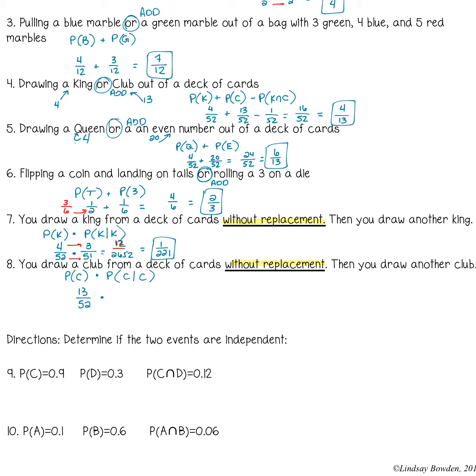So 13 out of 52, and then 12 clubs left, because I just pulled one out, over now 51 cards, because there's one less. 13 times 12 is 156. Well, we just figured out what that is, so 2652. Then we're going to hit math frac. 1 out of 17.